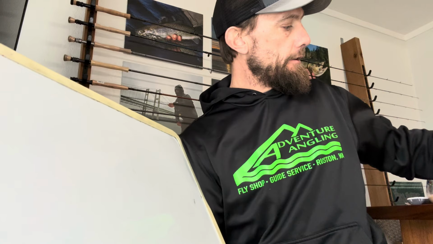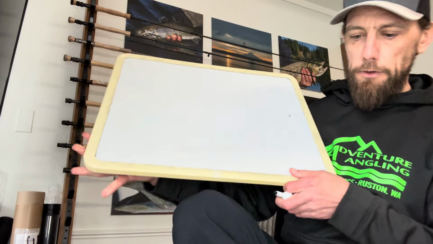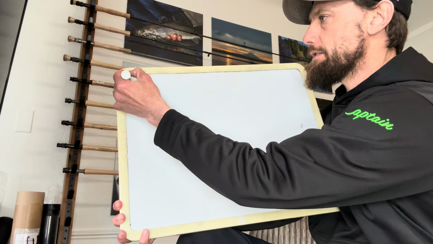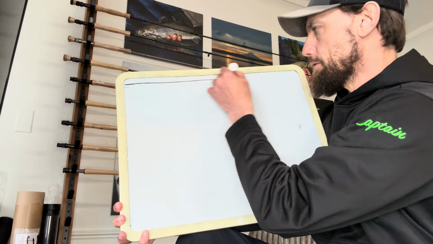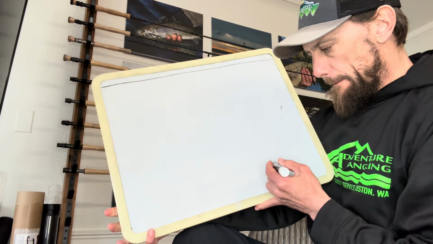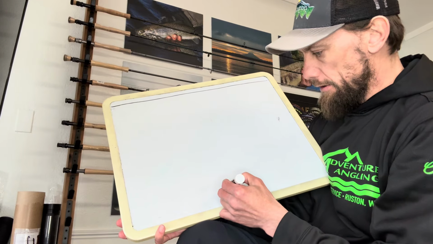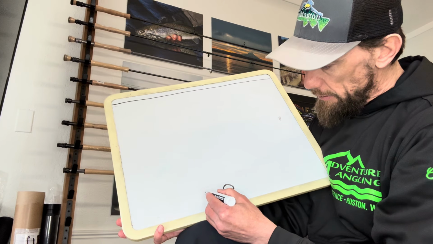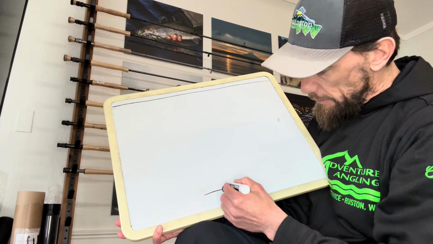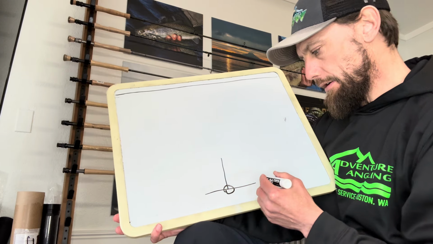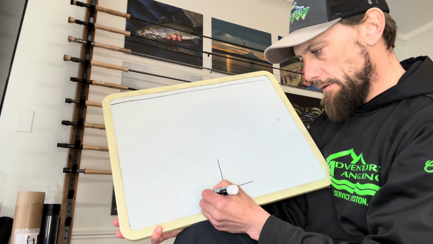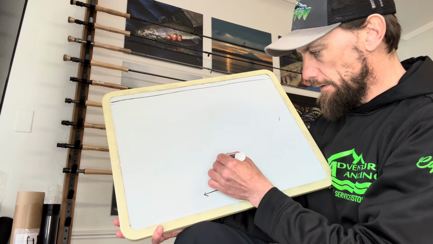Let's just draw this out. Okay, so we got a shoreline up here. You guys can see this. Now let's put a dude here. That circle is just going to represent an angler. These lines aren't perfect, but let's put some planes in here.